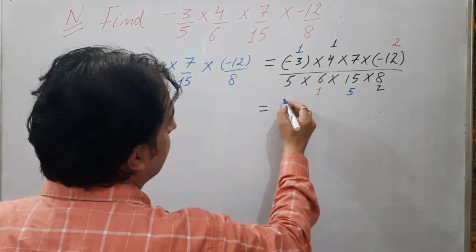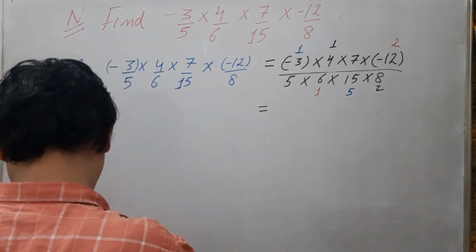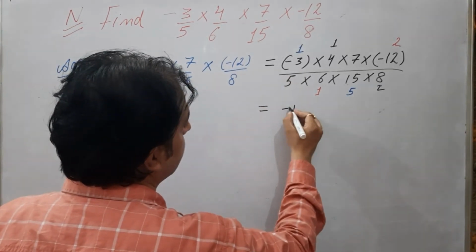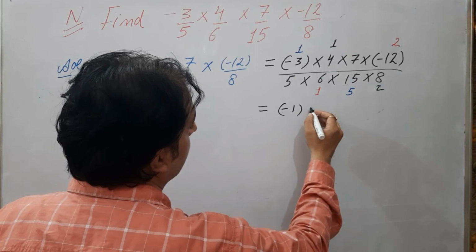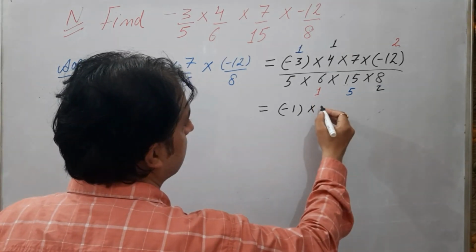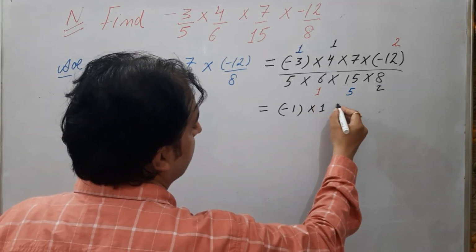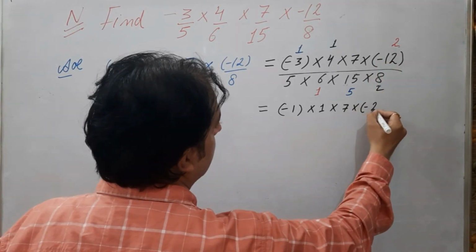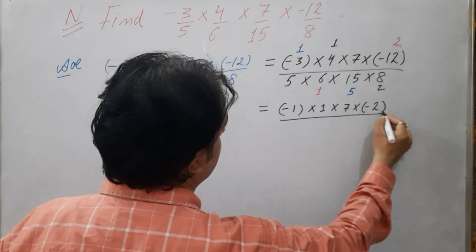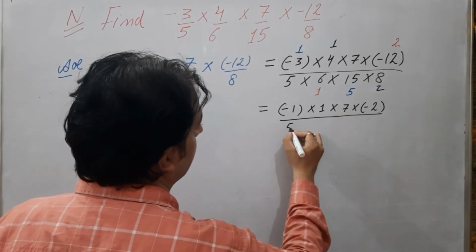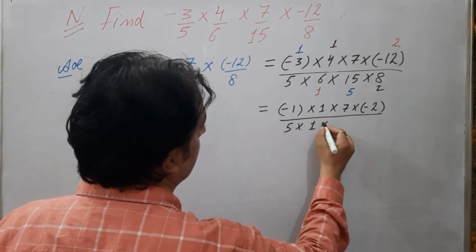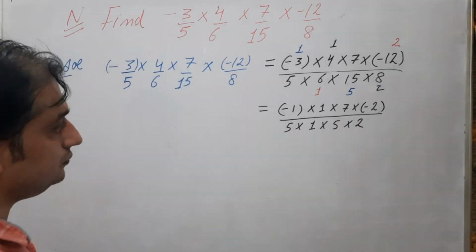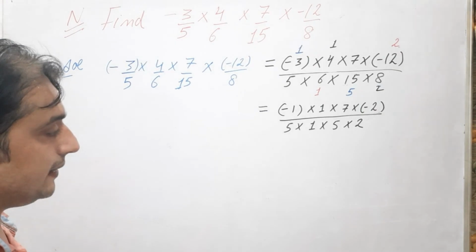So it will become minus 1 multiplied by 1 multiplied by 7 multiplied by minus 2 multiplied by minus 2 over 5 multiplied by 1 multiplied by 5 multiplied by 2. Right? So it is easy to multiply now.